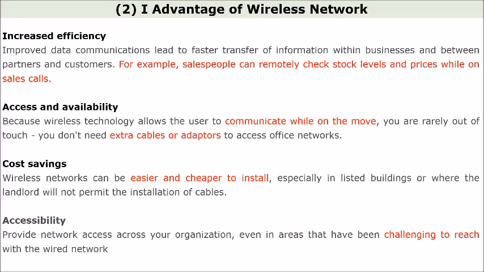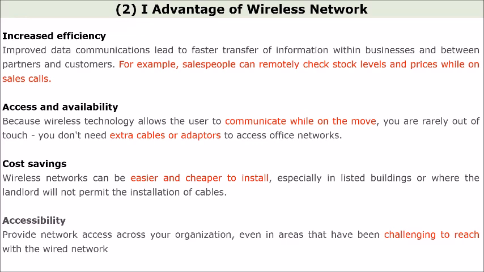Wireless network can be easier and cheaper to install. The maintenance and installation are easier, right? Especially in a listed building or where the landlord will not permit that type of situation also arises.